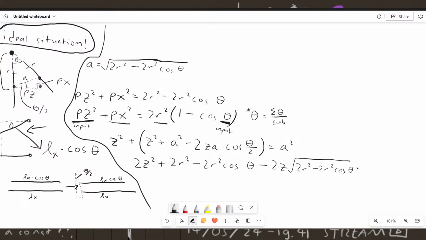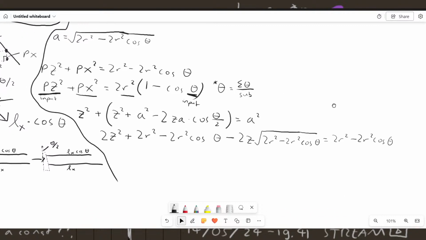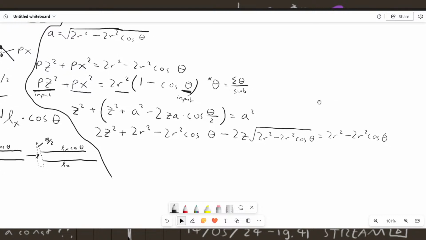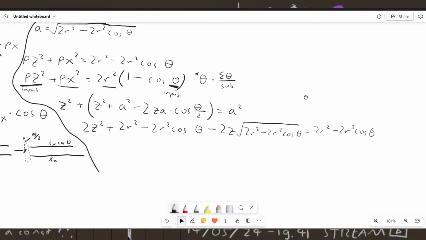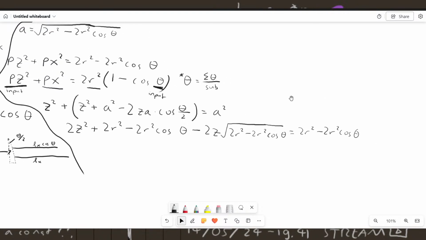All this equals 2r squared minus 2r squared cosine theta. Okay, so far we have this, which is really bad. I mean, how do we even get a value from this? I think we're just going nowhere.